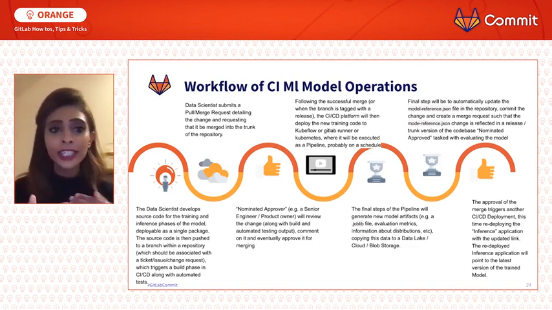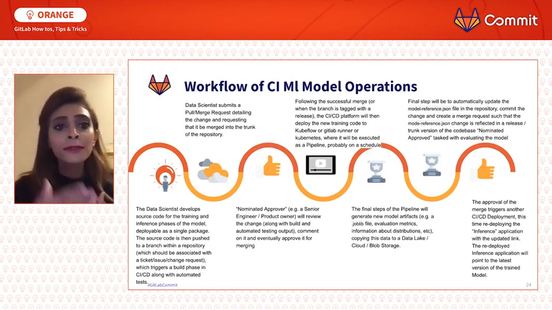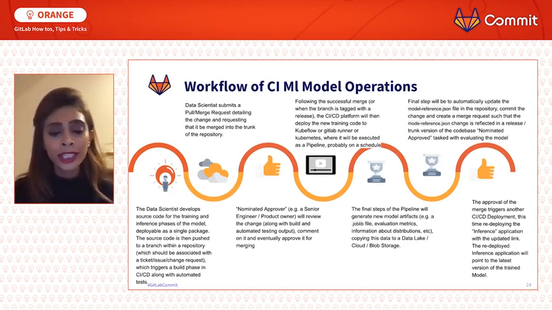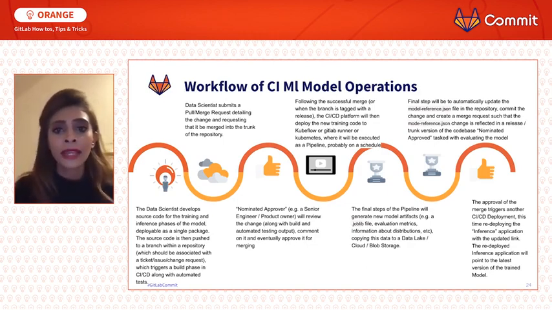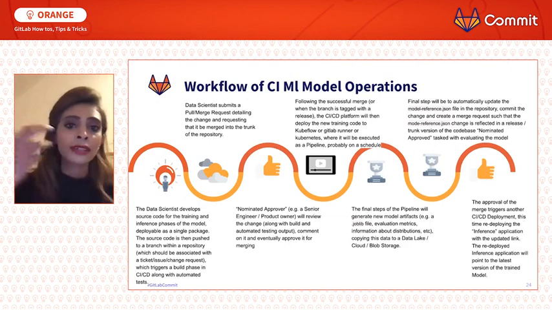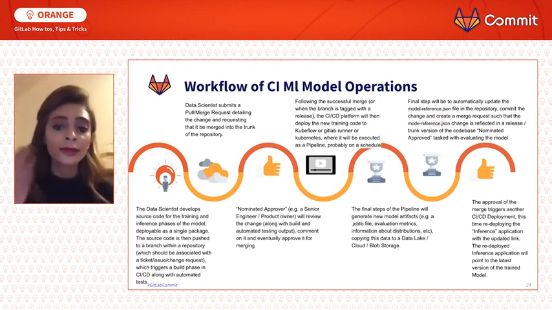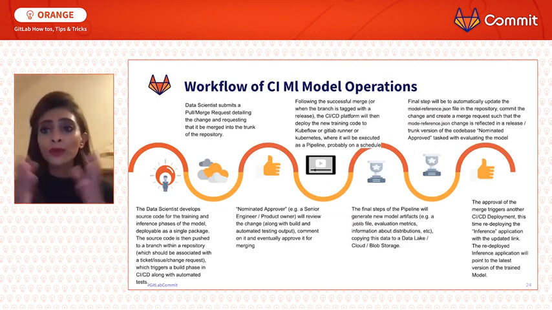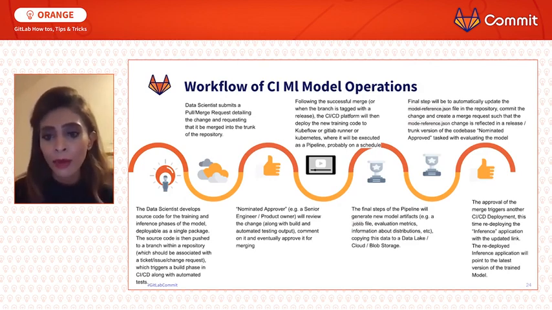Any sort of changes, similar to any pull and merge request, can be made, which again triggers an approver to QA it, and then goes into the new training data sets with the CI pipeline triggered for it to run the new model in Kubeflow or Kubernetes or GitLab Runner or wherever you would feel comfortable running the model.